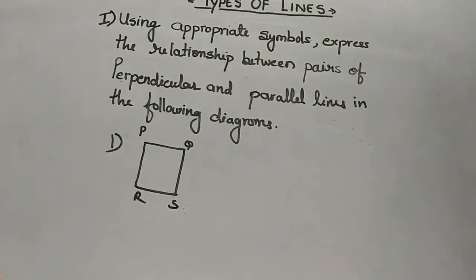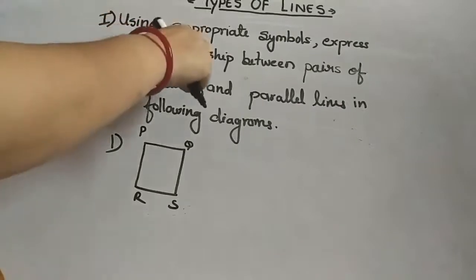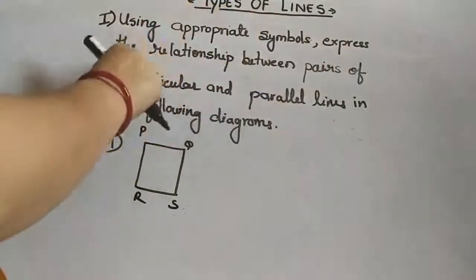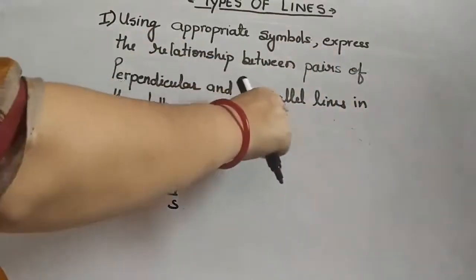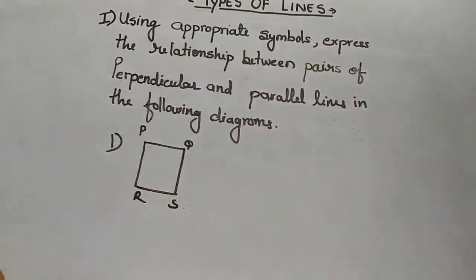See this exercise. Using appropriate symbols, express the relationship between pairs of perpendicular and parallel lines in the following diagram. So first diagram is this. This is one square. We have to write the pairs of perpendicular and parallel lines.